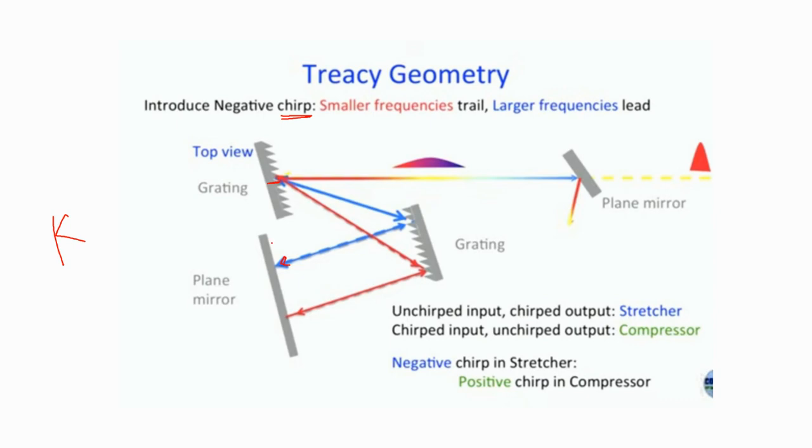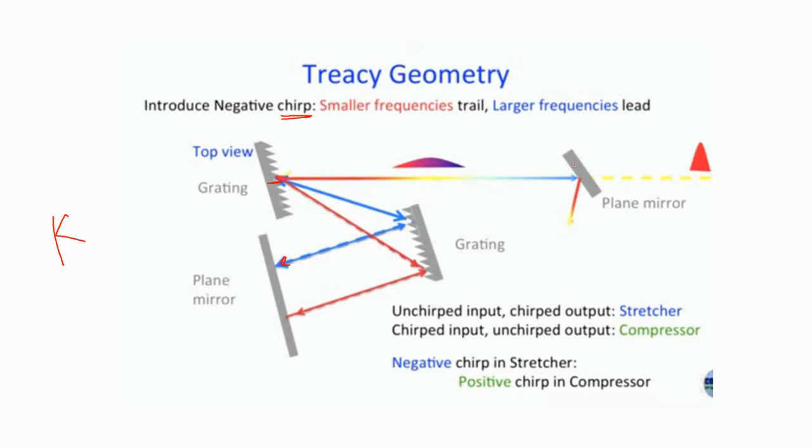Then it is incident on a plane mirror. From the plane mirror, it is diffracted back to the grating, and from the grating it goes to the other grating. Here, see, both of them are incident together on the final one, and thus they are separated into a stretched beam.